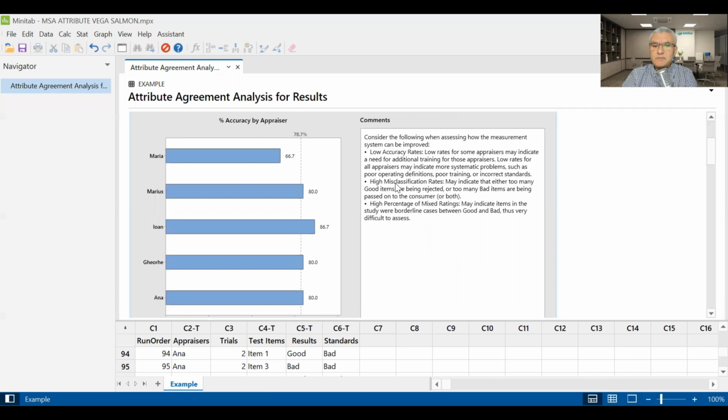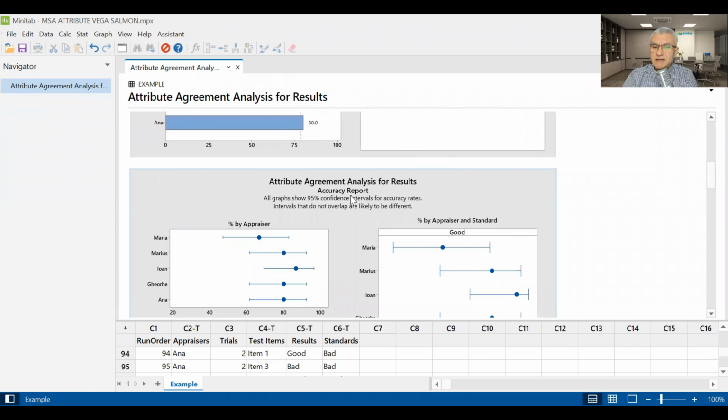If you have high misclassification rates, that may indicate that either too many good items are being rejected or too many bad items are being passed on. High percentage of mixed ratings may indicate items in the study were borderline between good and bad, thus very difficult to assess.